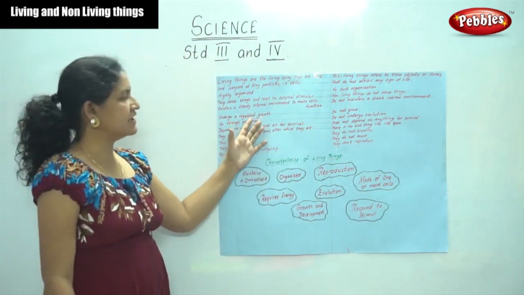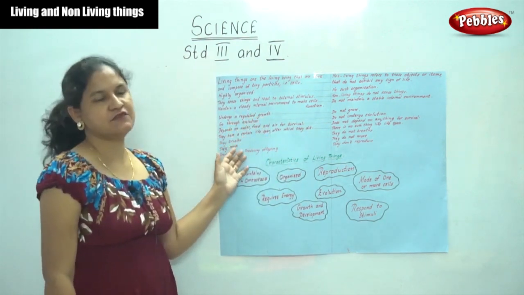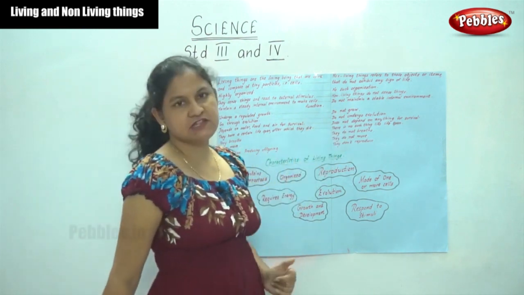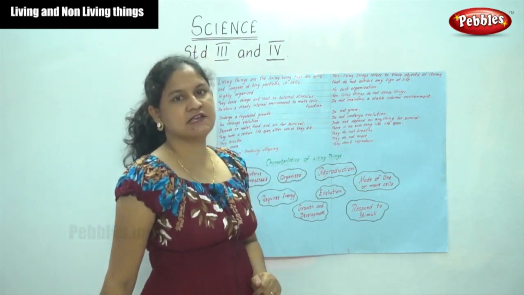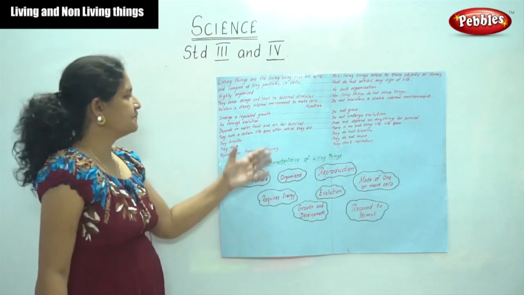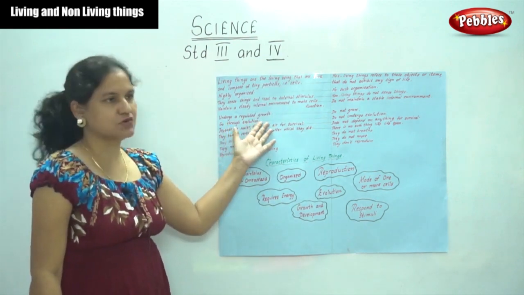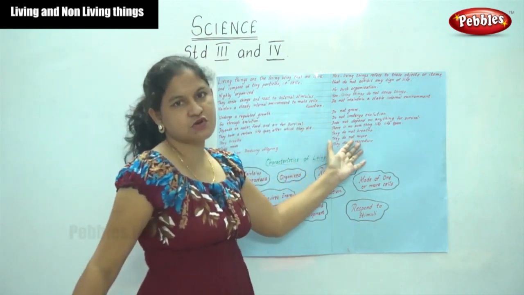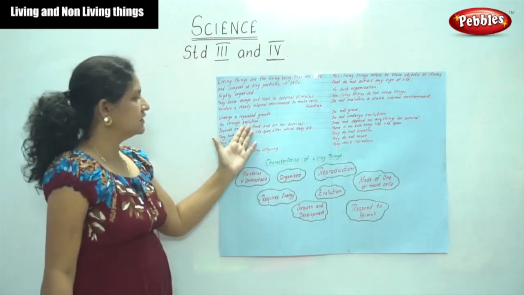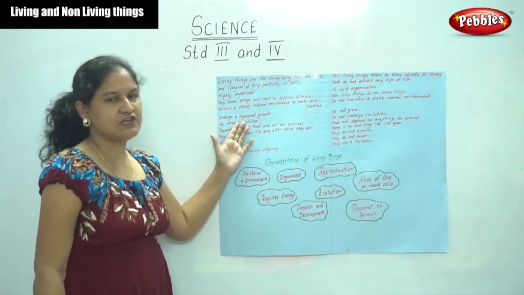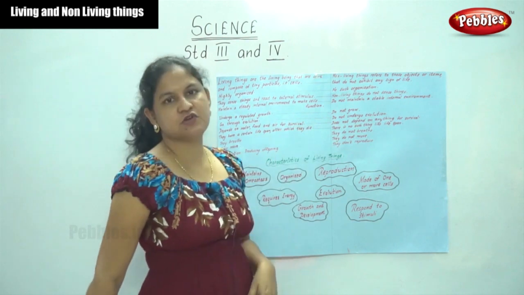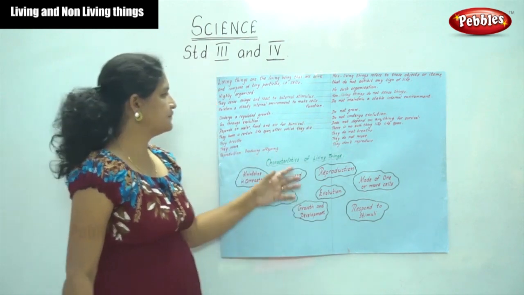Living things maintain a steady internal environment, and non-living things do not. They undergo a regulated growth. Non-living things do not grow. Living things go through evolution. Non-living things do not undergo evolution.